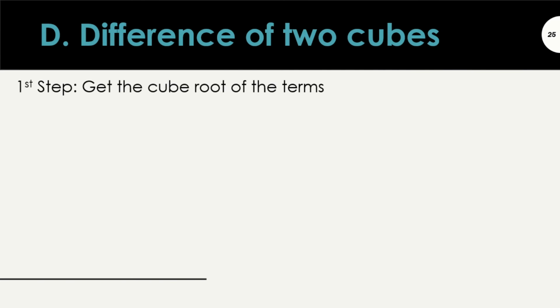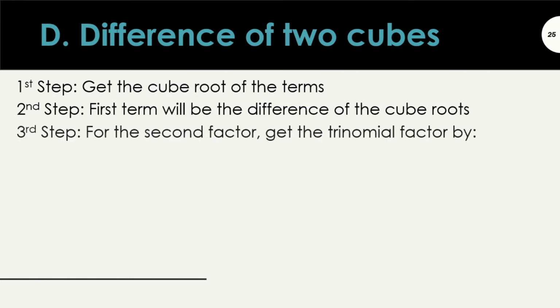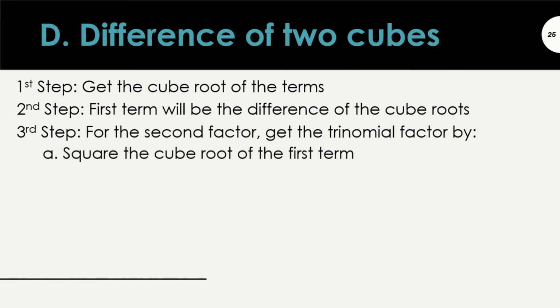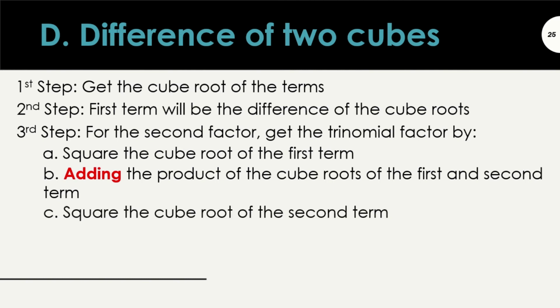Difference of two cubes. First step is get the cube root of the first term. Second step, first factor will be the difference of the cube roots na kinuha natin sa first step. Third step, for the second factor, get the trinomial by: A, we have square the cube root of the first term; B, adding the product of the cube roots of the first and the second term; then C, we have square the cube root of the second term.